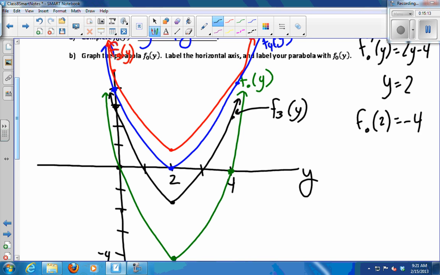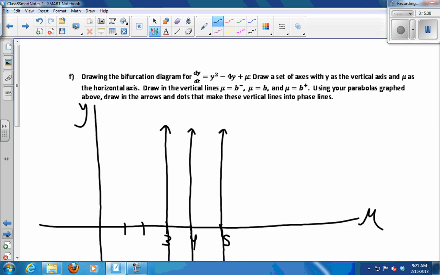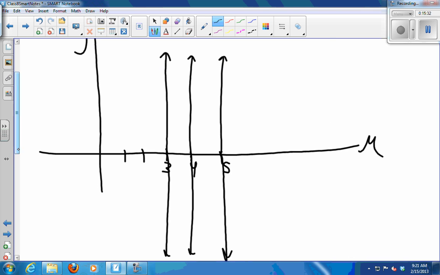Where are the equilibrium points? 1 and 3. Yep. Places where my function equals 0 are at 1 and at 3. So at 1 and at 3, I have equilibrium points.